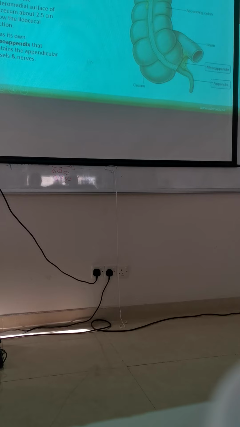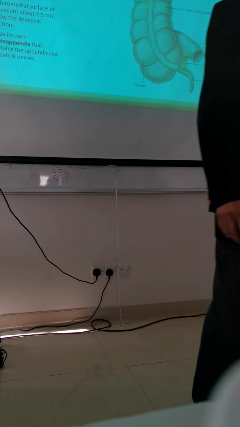It has a mesoappendix. Now look, mesocolon. Somebody asked me about mesocolon, right? When we say meso, it means mesentery. Now we say mesoappendix, so the mesentery of the appendix. When we say mesocolon, the mesentery of the colon.